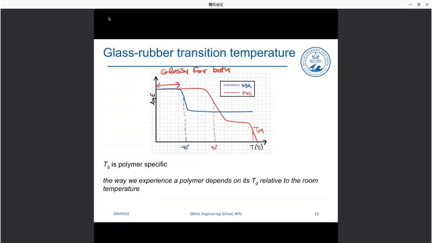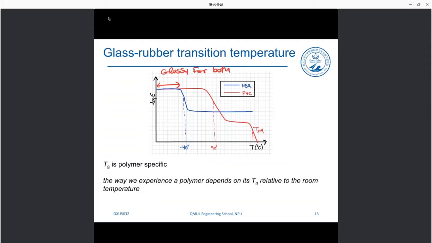However, when we increase the temperature even further, at -40, we can see that the NBR has a glass transition temperature, okay? So obviously, at -40, the modulus of the NBR drops significantly. The polymer is much softer, okay?